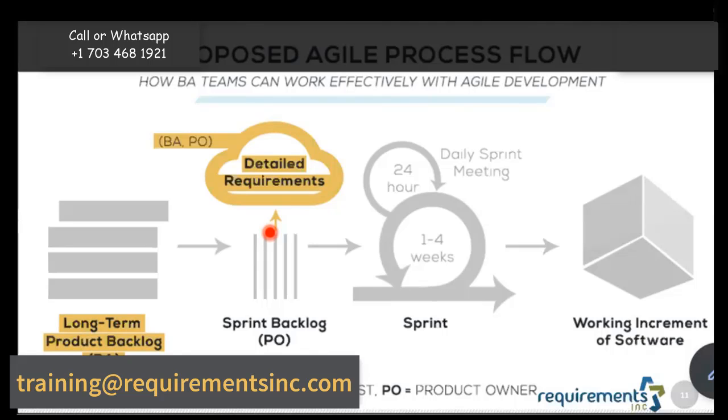So 1, 2, 3, 5, 8, 13. These are the numbers you have to pick to assign story points to each of your stories. Why do I have to go with this bizarre series of numbers? I have no idea. Why can't I just go simple and say 1, 2, 3, 4, 5, 6, up to 13? Why can't I go simple? No idea.